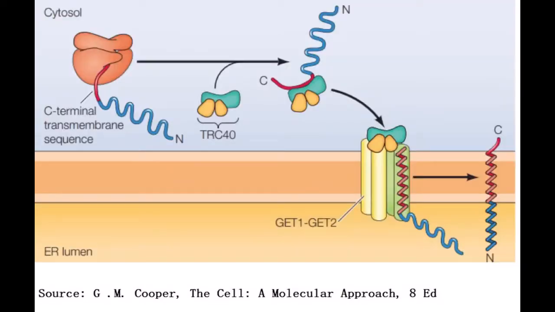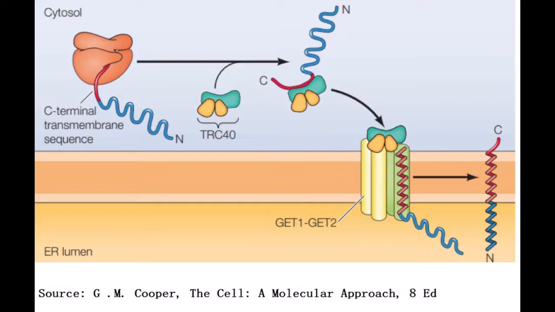In the fourth case, the transmembrane sequence lies on the C-terminal and is not recognized by the signal recognition particle. This type of protein is recognized by TRC40, a targeting factor, after completion of translation.